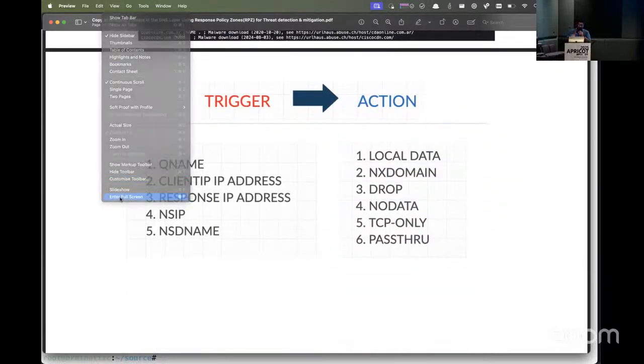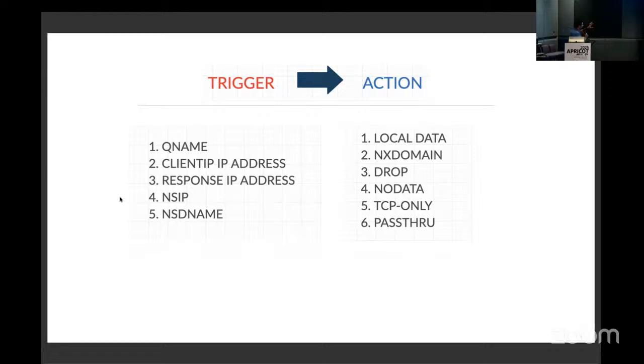So the basic principle behind response policy zone is that it's typically like a firewall where you have a trigger and then you have an action. As an example, QName stands for query name, that is the domain name. If this domain name matches in the query, then what are the different sort of actions that are possible?